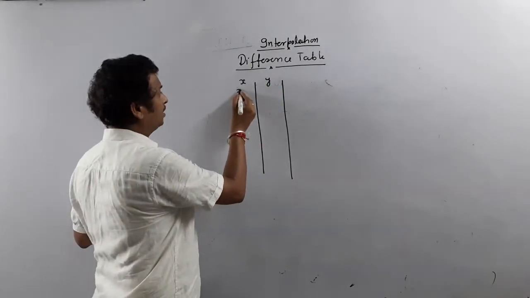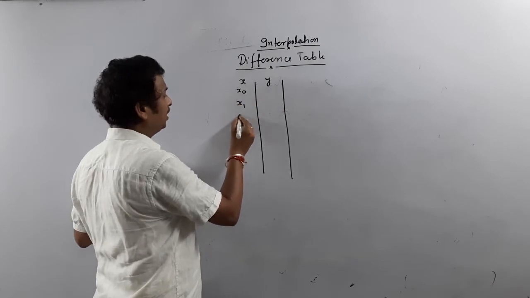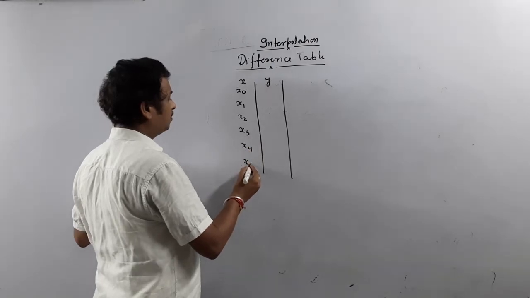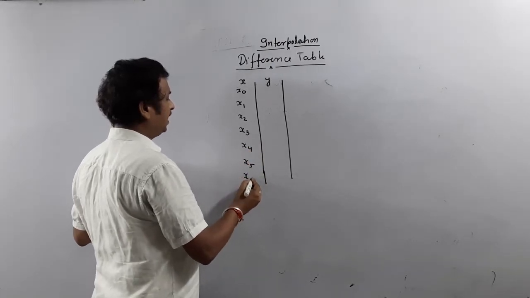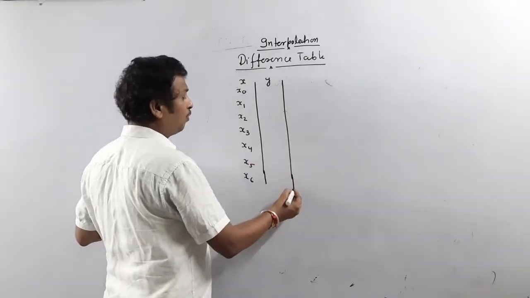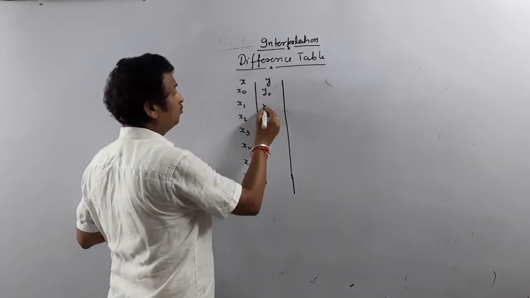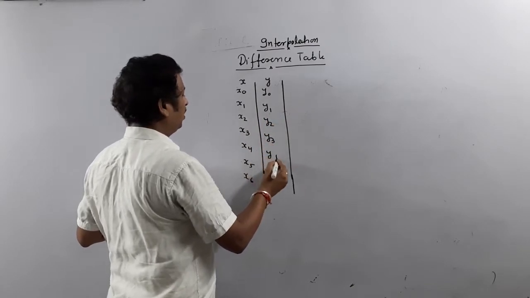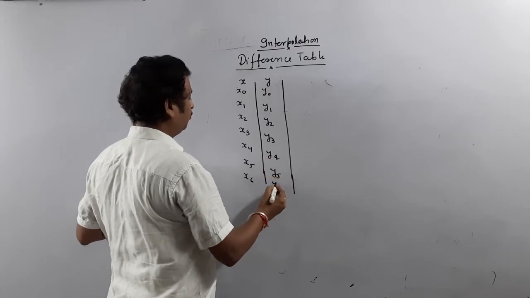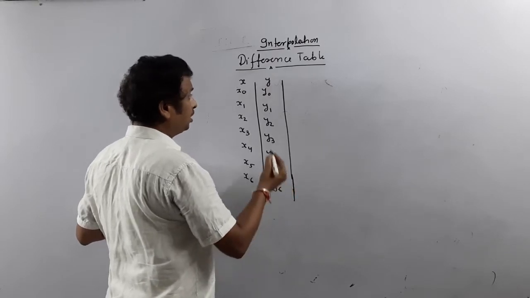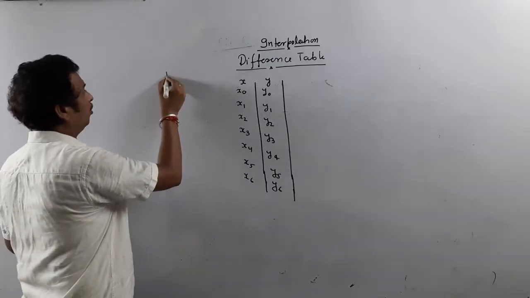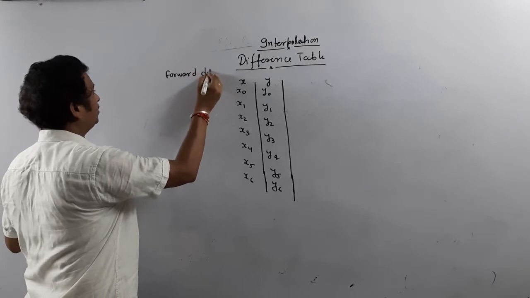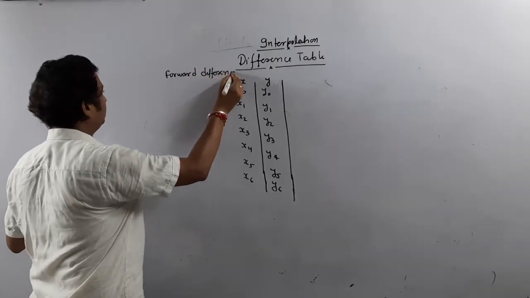Suppose the values of x are x0, x1, x2, x3, x4, x5, x6, and the corresponding values of y are y0, y1, y2, y3, y4, y5, y6. So the first table which we are going to create is called the forward difference table.